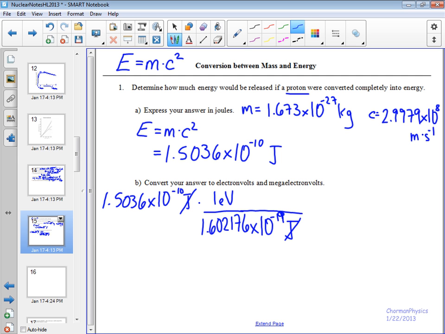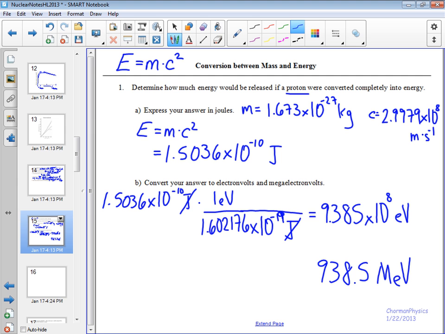The joules go away here, and what we end up with is 938 million, so 9.385 times 10 to the 8th electron volts, and in mega electron volts that is 938.5. So these are some important numbers.